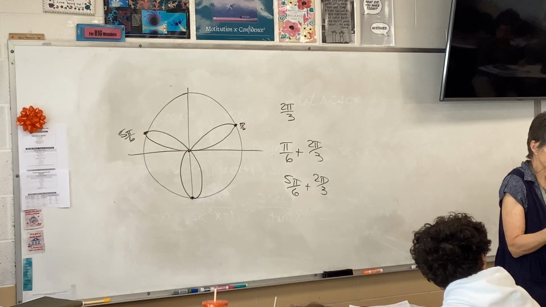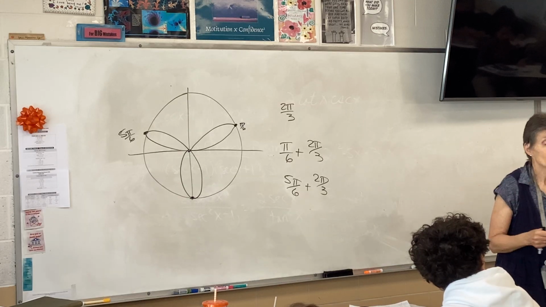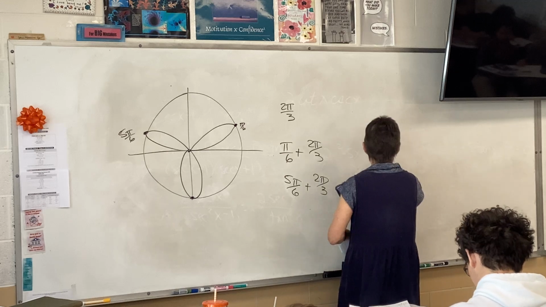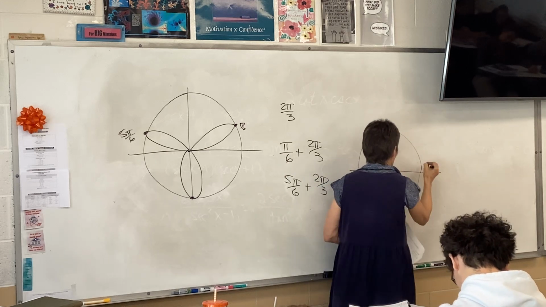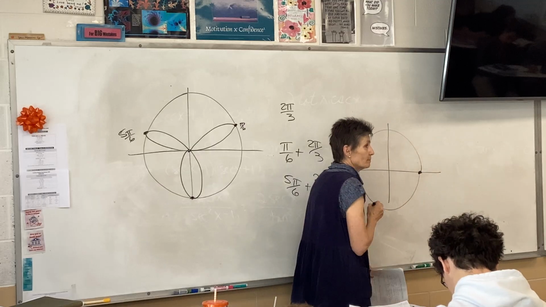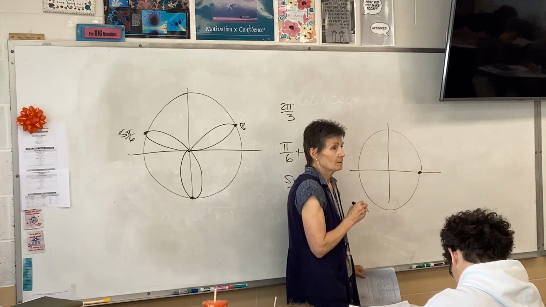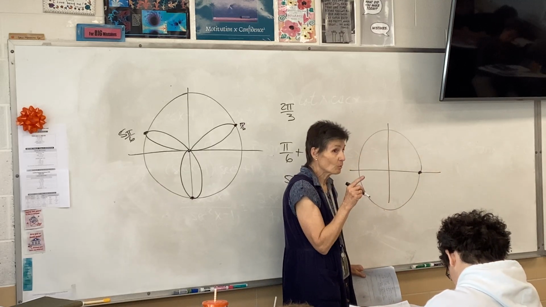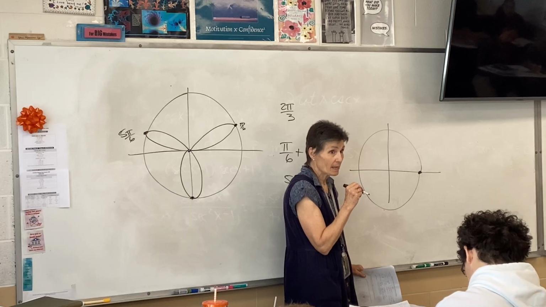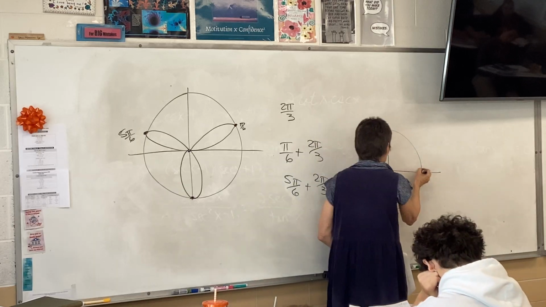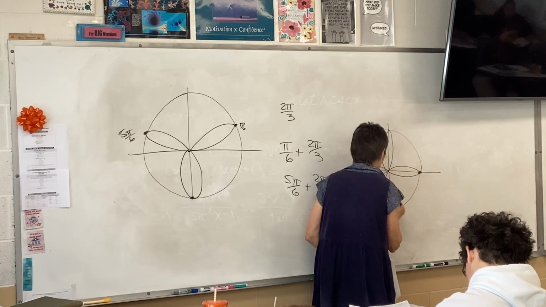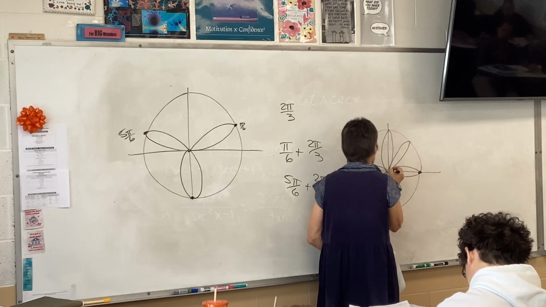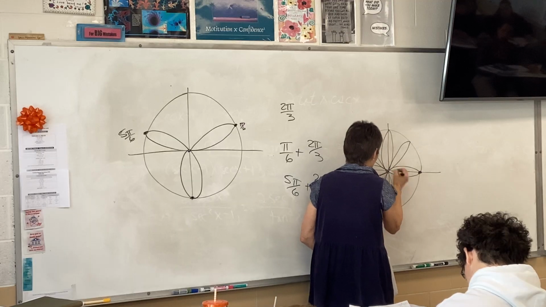Kids, what's the cosine of 0? 1. So the first petal is going to be out here, right here. There's the first one. Now, how many of them did you tell me there were? 8. So I've got 1 here, 1 here, 1 here, 1 here, and 1 here, and 1 here.